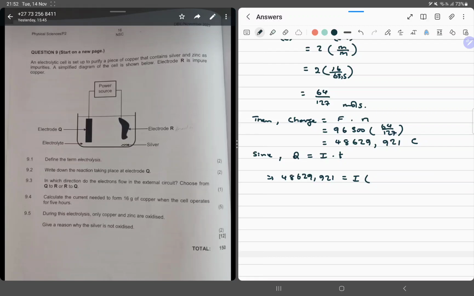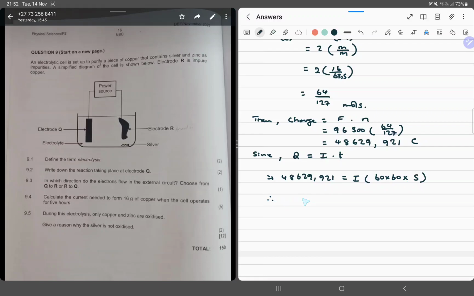The time we're given is 5 hours, okay? Now we need seconds. Per minute, we've got 60 seconds, right? And then there's 60 minutes per hour, right? So this is 60 times 60 times 5. Great. So this is what we have over there, say 60 squared by 5.